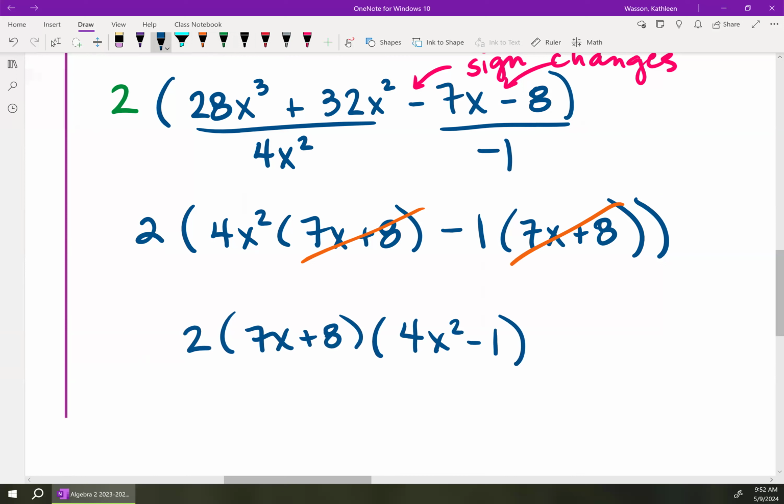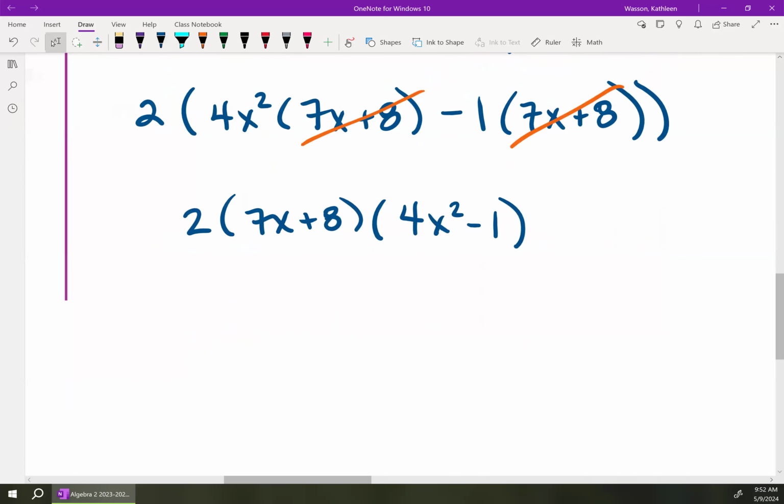When you look at these factors, I can factor again. 4x squared minus 1 is a difference of squares. 4x squared minus 1 is 2x times 2x, so 2x squared minus 1 squared. And we'll factor that using our difference of squares pattern.